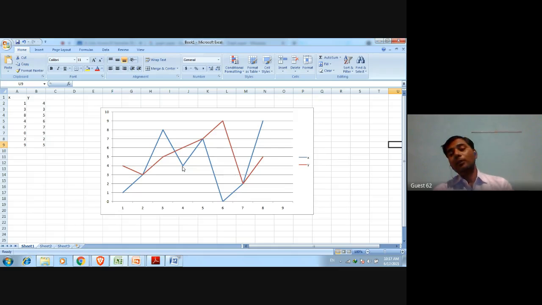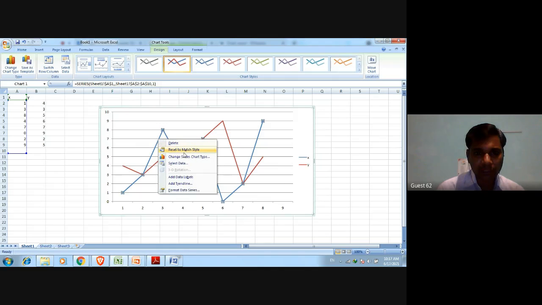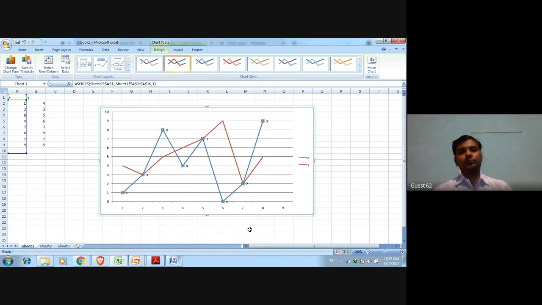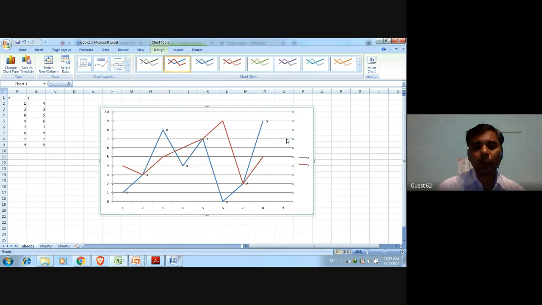So you can also represent all the things as data labels. Now look here, everything is written here. Where is the value of 9? The value of X is here at 0.8, that is 9.